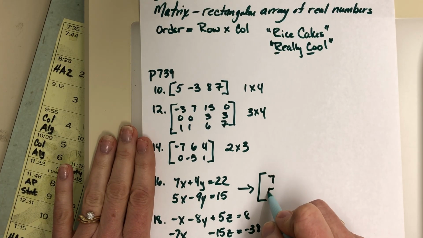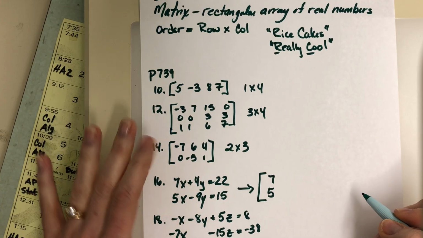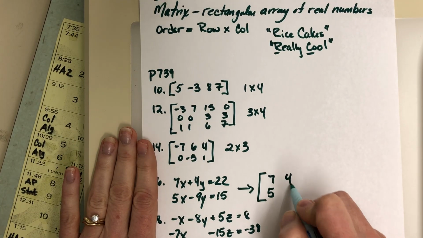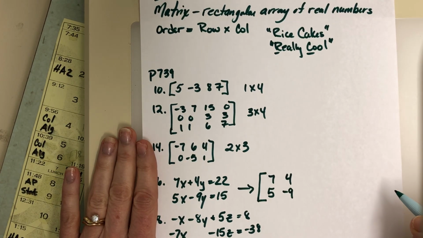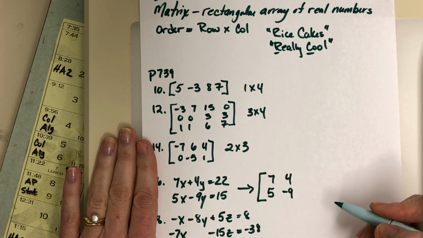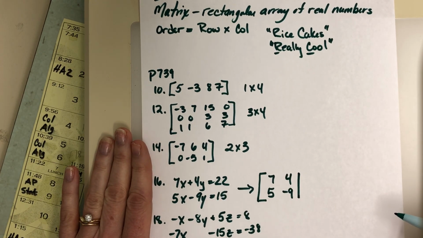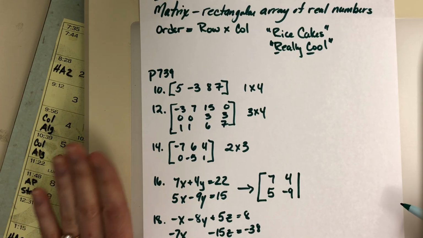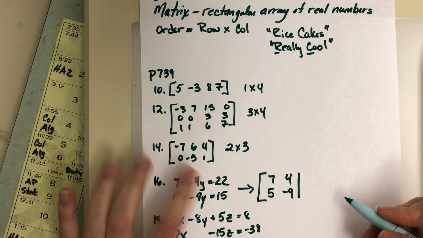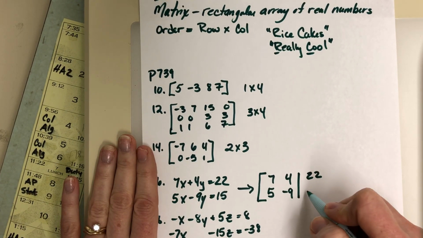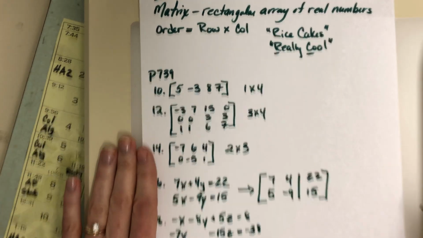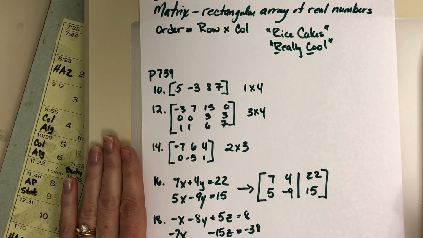That would be a 7 and a 5. Then the coefficients of my y's, a 4 and a -9. I need some kind of marking for my equal sign. I like to use a line. Our textbook uses a series of colons, but I'm a kind of sloppy person, so a line is better for me. And then I've got my constants, 22 and 15. And my friends, you have just made your very first matrix.